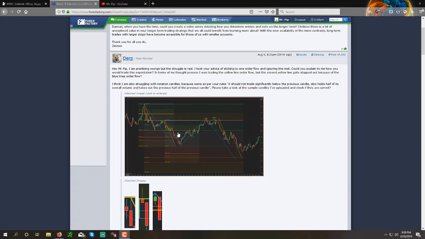Again, this is another question about order flow, about prevailing order flow, about short-term order flow versus long-term order flow. There seems to be some slight confusion about order flows and how one turns into another, or what is the proper order flow.